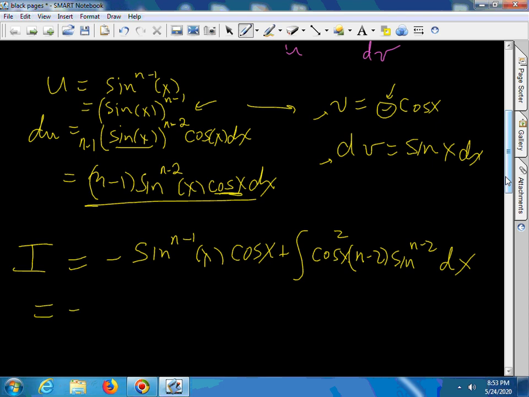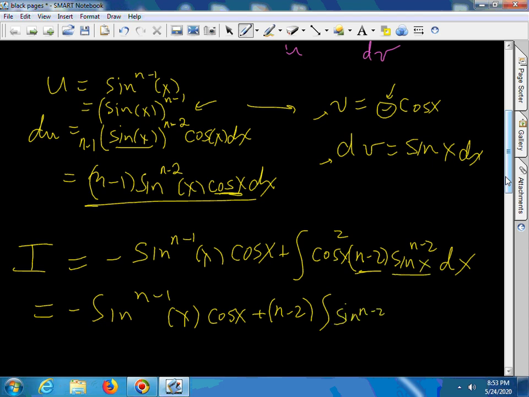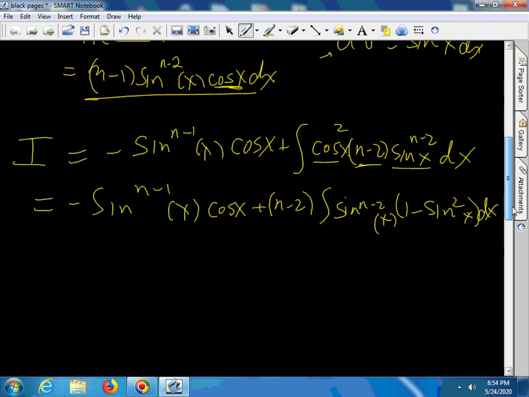So one of the things I'll do is, well, I'll do two things. One is I'll bring the constant out in front of the integral. And for cosine squared x, I'll write 1 minus sine squared x dx.